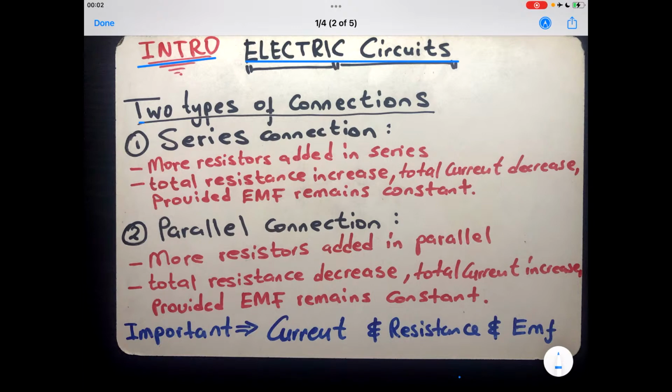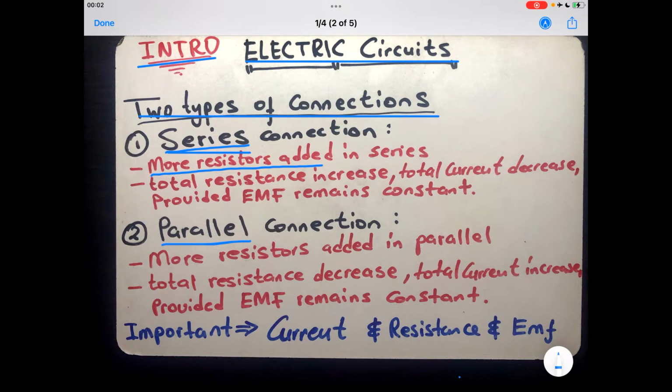Two types of connections, namely series connection and, number two, parallel connection. These are the main two types of connections that we will be looking at. Under series connection, more resistors are added in series. That's what you need to remember.